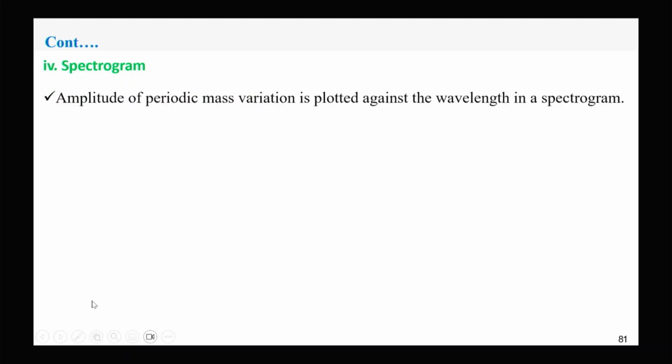So spectrogram, by definition, is the amplitude of periodic mass variation plotted against the wavelength, which will be on the x-axis, and amplitude will be on the y-axis.